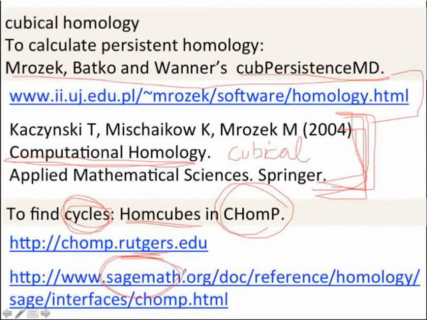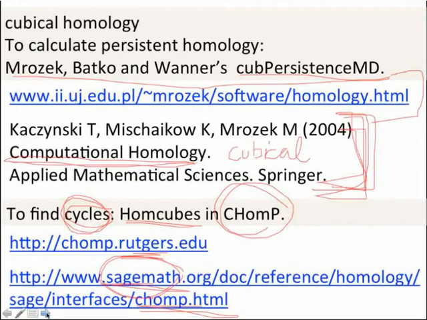Sage is a very large software package similar to R and MATLAB that has many different features, and people can contribute to that. There's a number of features within Sage too, one of them being the CHomP software package. Any questions on that?